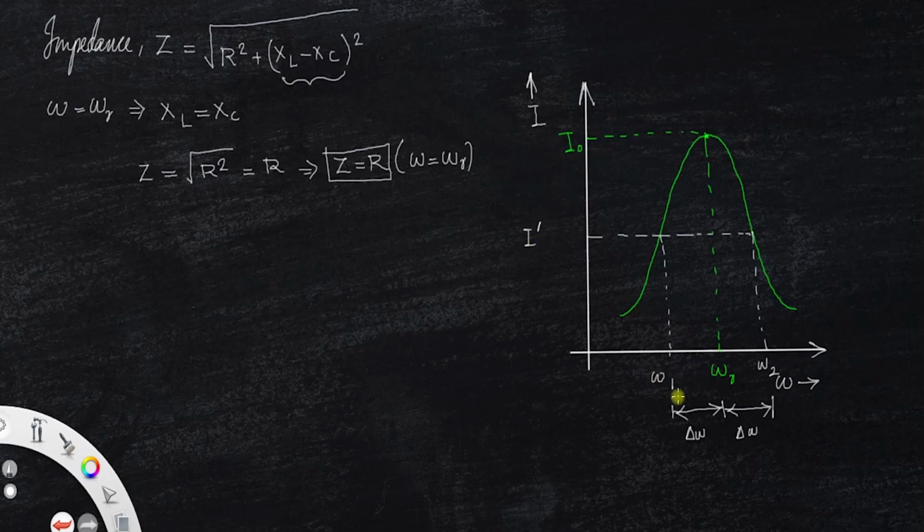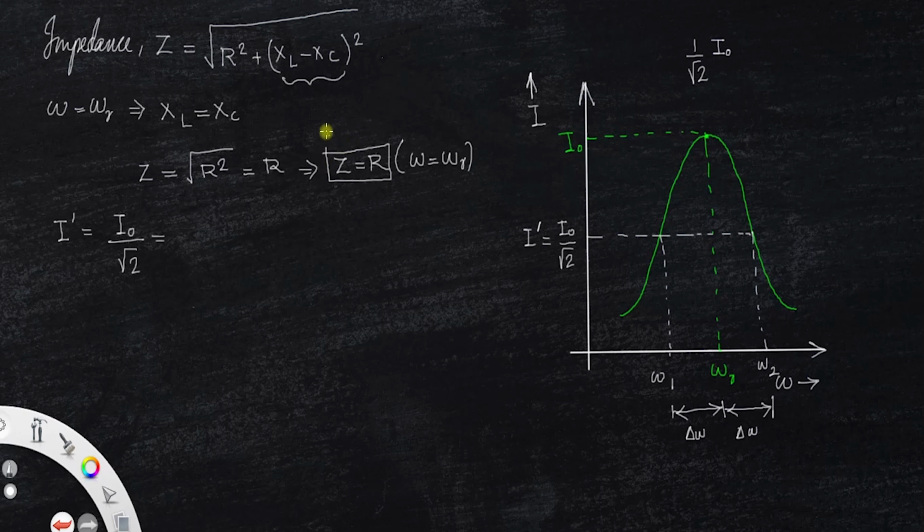Also, omega 1 and omega 2 should be taken in such a way that the current in the LCR circuit must be 1 by root 2 times the peak value of current. Clear? That is, I dash is equal to I0 divided by root 2.